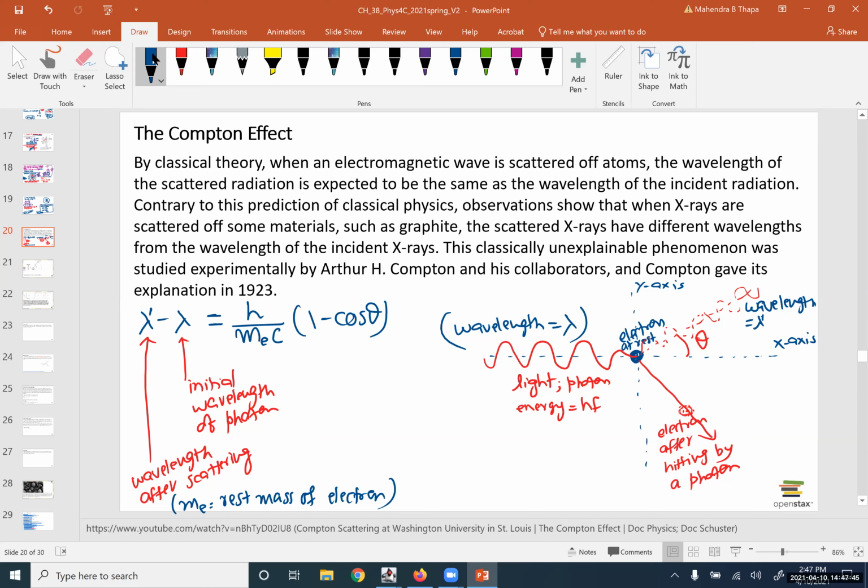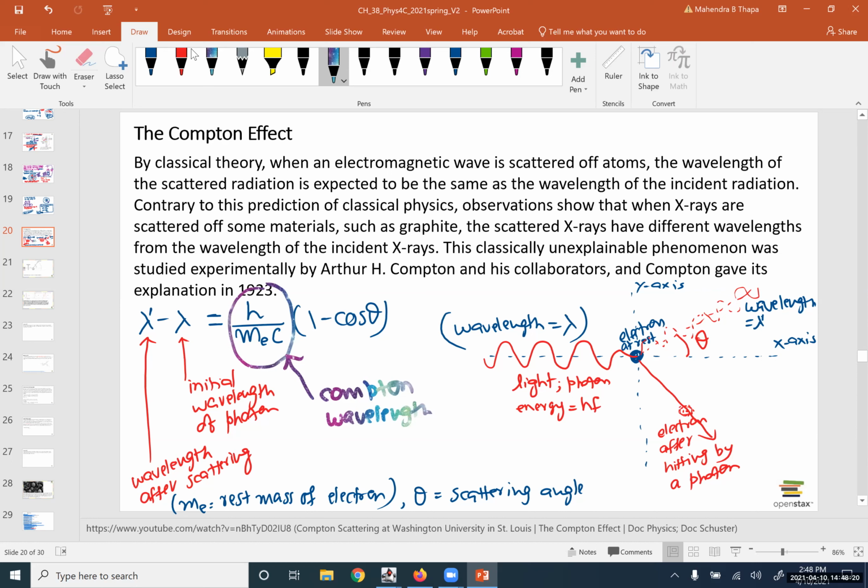This angle theta is called the scattering angle. The term for the electron, h over m_e times c, has a name: it's called the Compton wavelength.